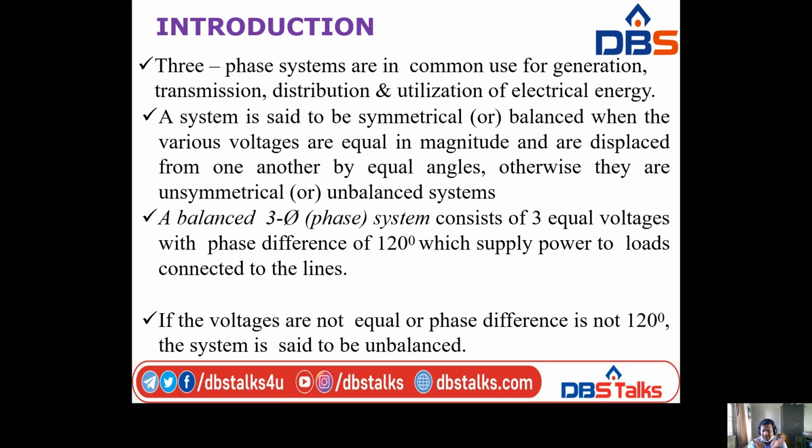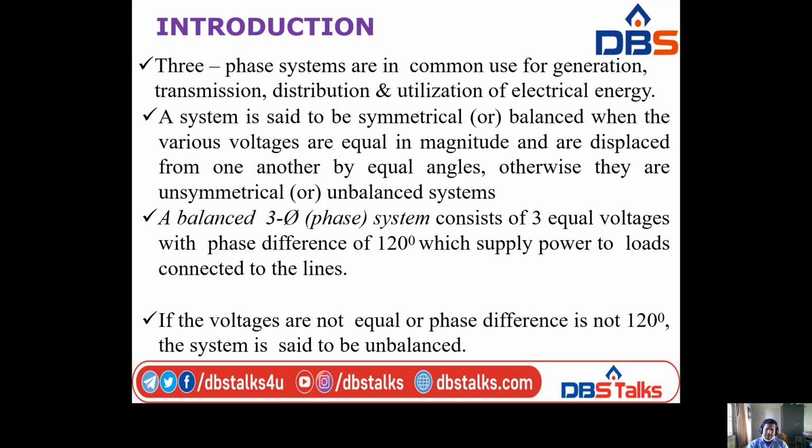That means 360 degrees divided by 3 is 120 degrees. So the voltages of the same frequency are displaced equally in time phase, 120 degrees, 120 degrees, 120 degrees. That is nothing but a balanced three-phase system which supplies power to loads connected to the line.